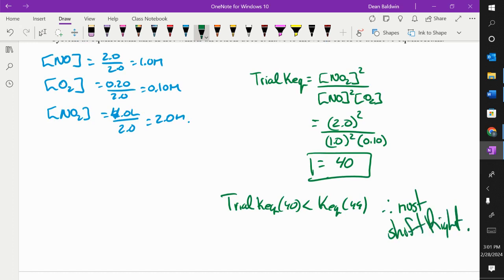Why are we calling it an equilibrium if it's not? We throw them all in the flask. We're asking, is it at equilibrium? It's not, right? Because we know that the equilibrium should be 49. So as soon as we throw them all in, we know that the reaction is going to shift to the right to reach equilibrium. Okay? In a real world scenario, how do we know what it's supposed to be?